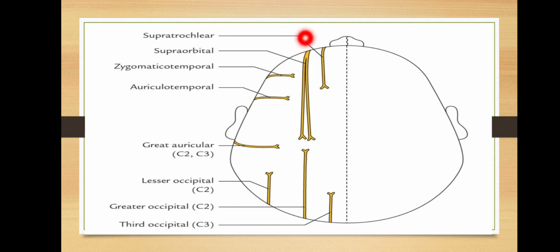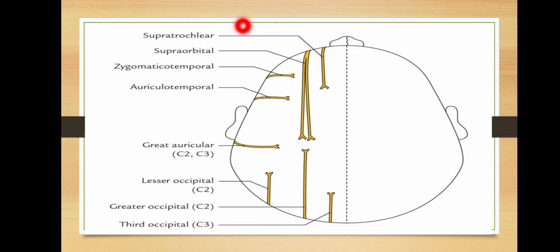So there are majorly 8 nerves which are supplying the scalp. The first one, supratrochlear nerve. The second one, supraorbital nerve. The third one, zygomatico-temporal nerve. The fourth one, auriculotemporal nerve.